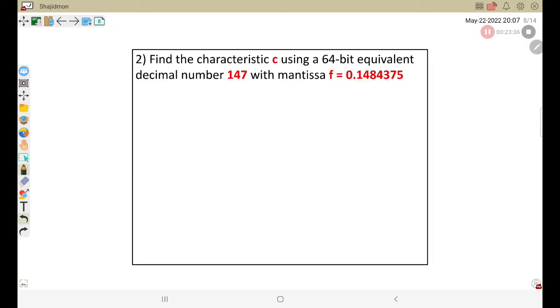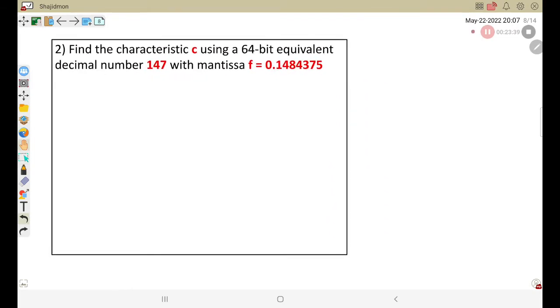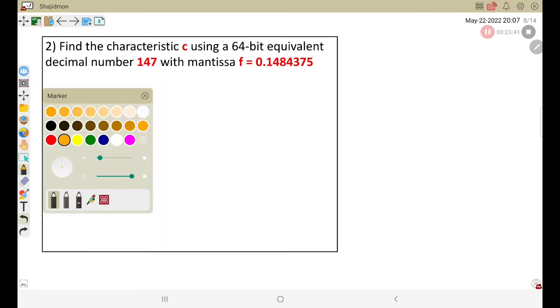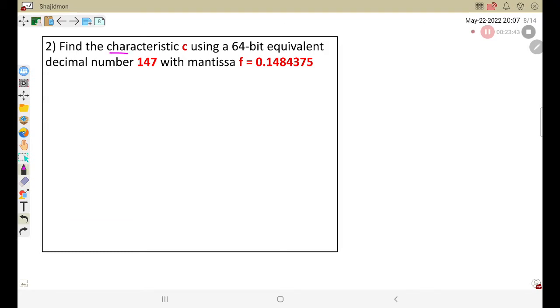Question number 2. You can see, find the characteristic. Okay, the question is different. Find the characteristic C. That means we need to find the C value. Using the 64-bit equivalent, the decimal number is already given, equals 147, and the mantissa f is also given.